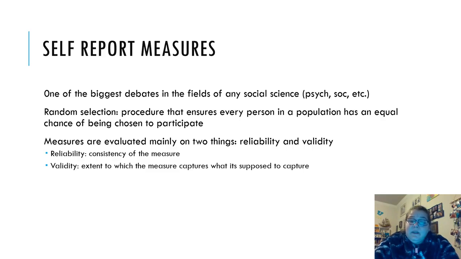Any non-random selection really limits your generalizability. You could also be accused of cherry picking or something of that nature. So it's really best, when in doubt, to use random selection.